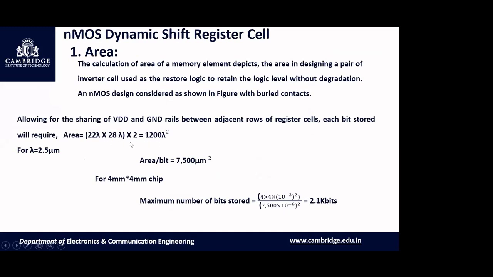Lambda into lambda, you'll get lambda square. So that much area would be required to store 1 bit. Understood, no? That is 1200 lambda square. So now we'll consider 5 micron technology.